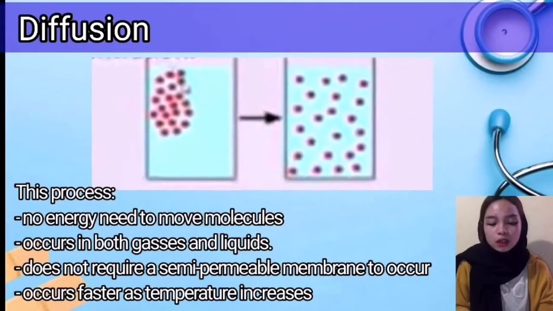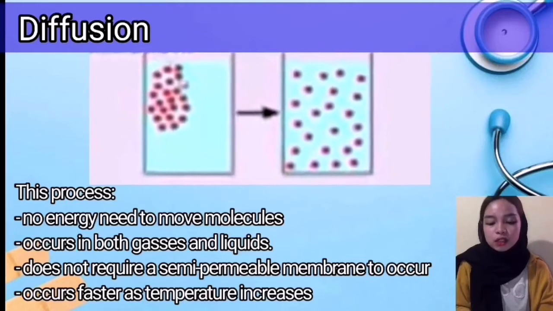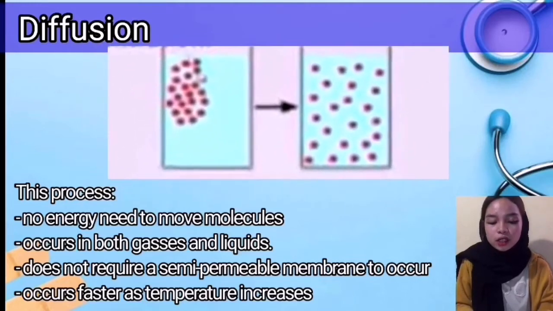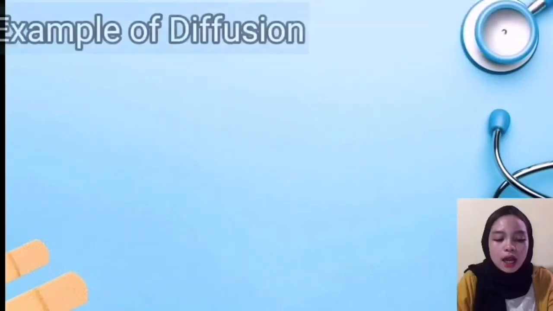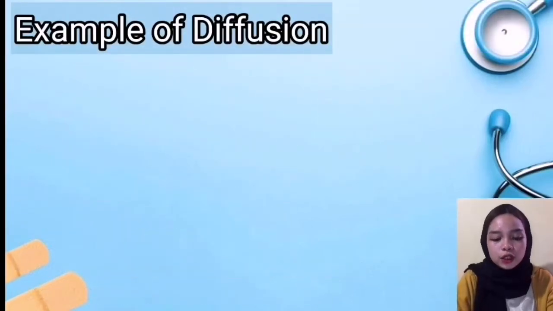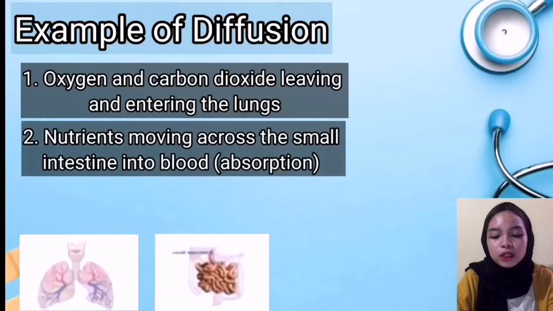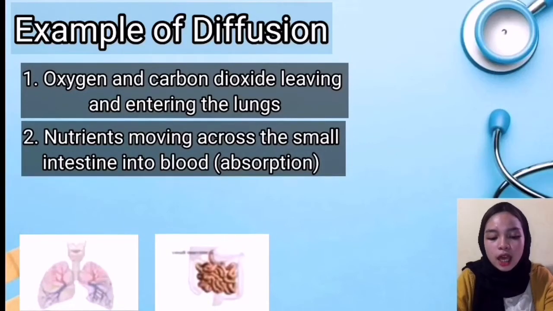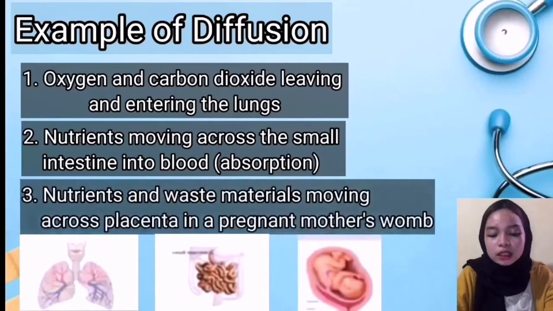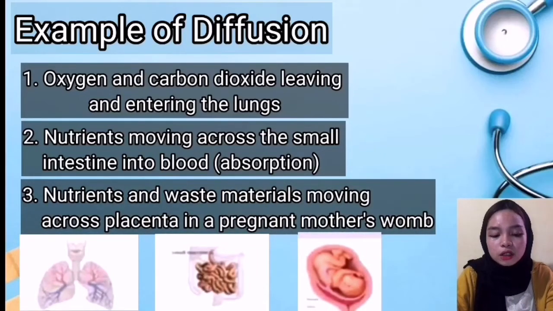The higher the temperature, the faster the molecules move around and the faster diffusion occurs. Examples of diffusion: oxygen and carbon dioxide leaving and entering the lungs; nutrients moving across the small intestine into the blood for absorption; and nutrients and waste materials moving across the placenta in a pregnant mother's womb. All of these processes occur by diffusion.